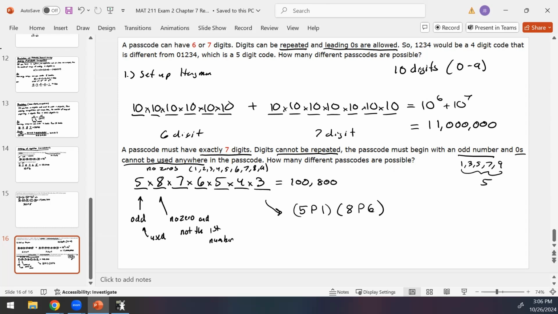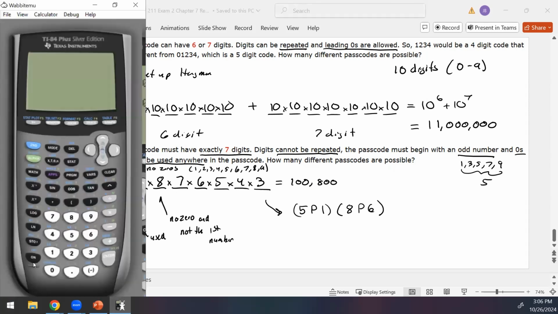So I got to pick 6 of them. Okay. And now that I'm thinking about that, 5 permute 1, does that make sense? Yeah, that should be fine. So let's just make sure that's correct. So if you want to do multiple permutations, you got to do parentheses, 5, math, PRB, permute 1. Close parentheses. Again, parentheses are important for these permutations. And then, whoops, I forgot the number. Don't forget the number. If you forget, do second delete for insert. 8, permute 6, and let's see if that's correct.